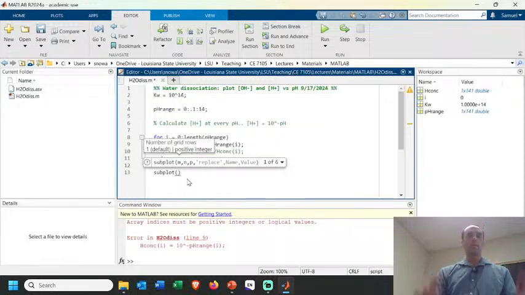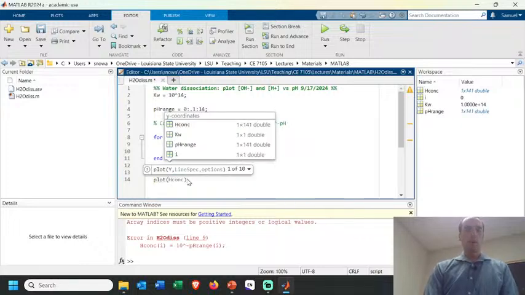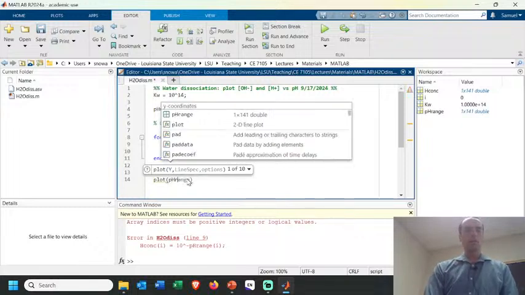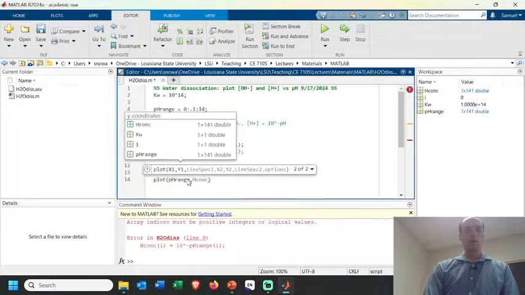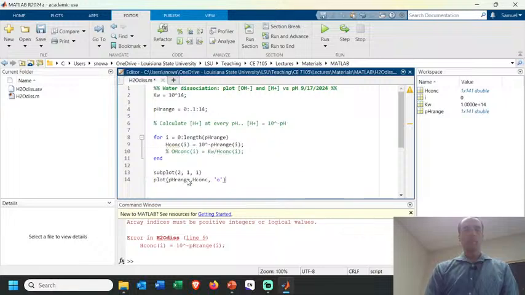Subplot is how many rows versus columns, so I'll do 2 rows, 1 column, this one will be number 1, and then plot the Y. I think it's X first, so pH range, comma Y, H conc, and I can even give it a little symbol.